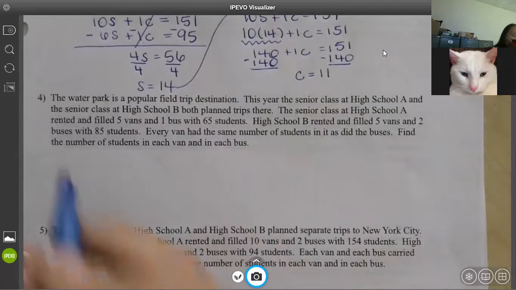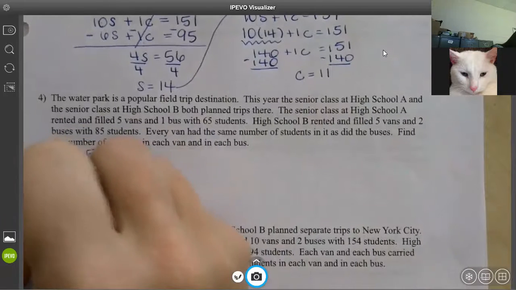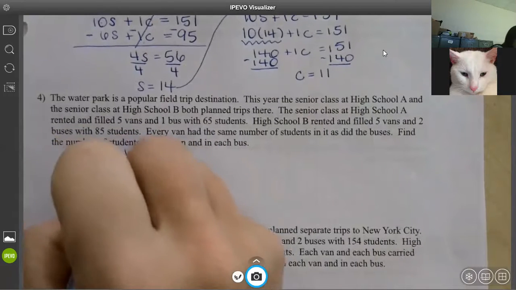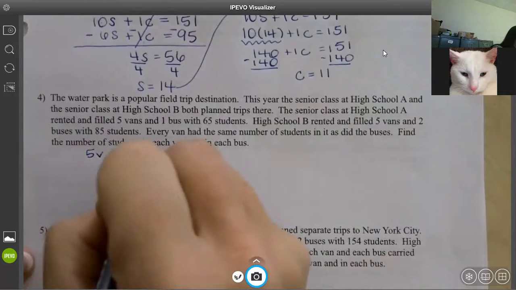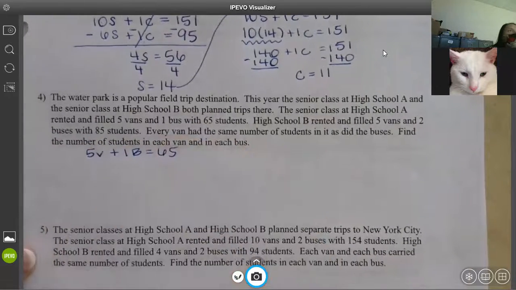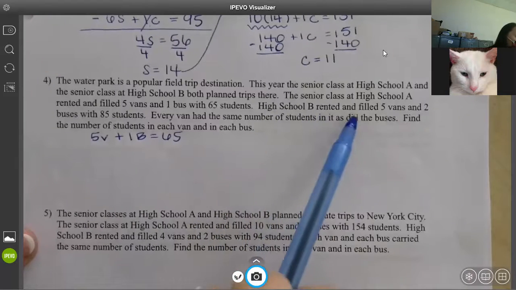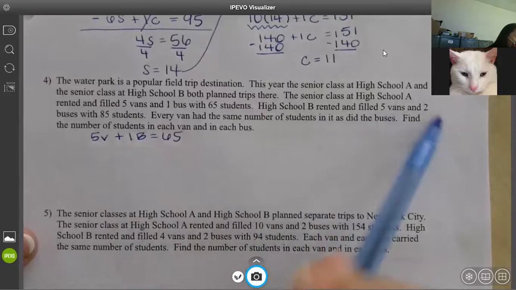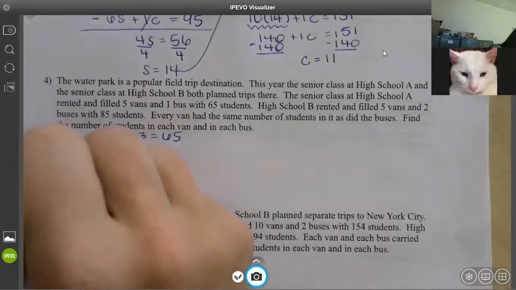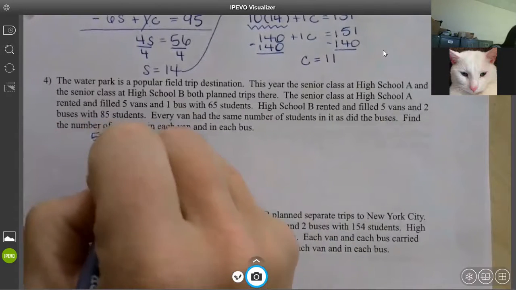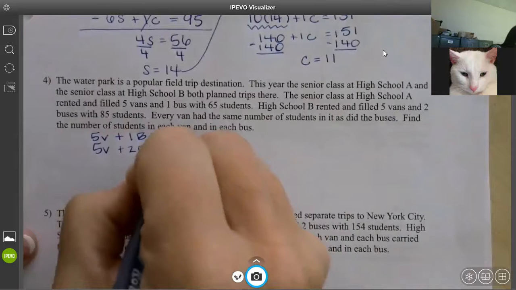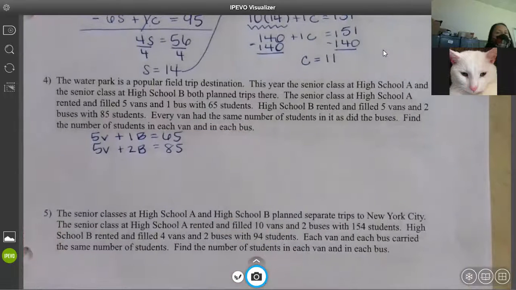So we're literally going to write that out: 5 vans plus 1 bus gave us 65. Then it told us about high school B, rented and filled 5 vans and 2 buses with 85 students.